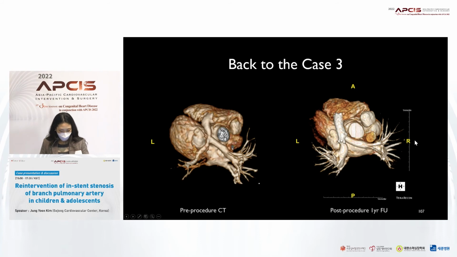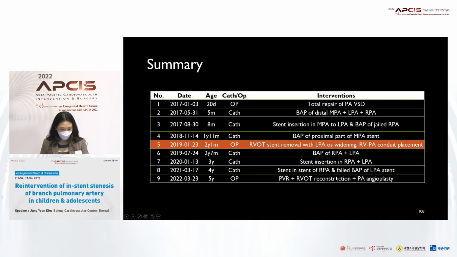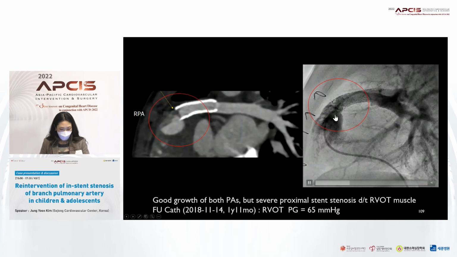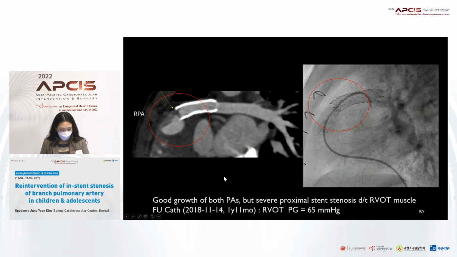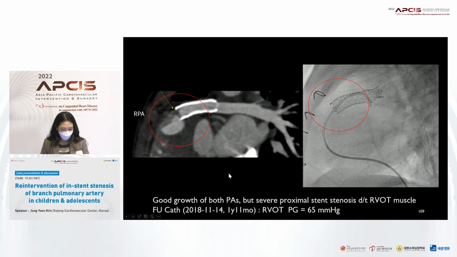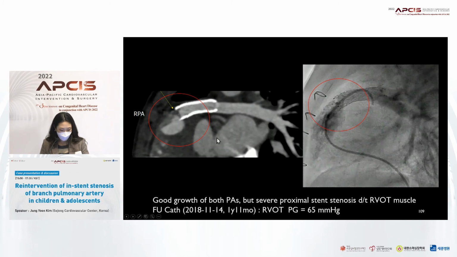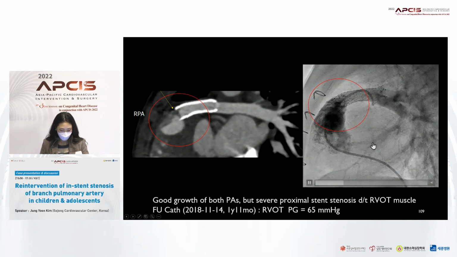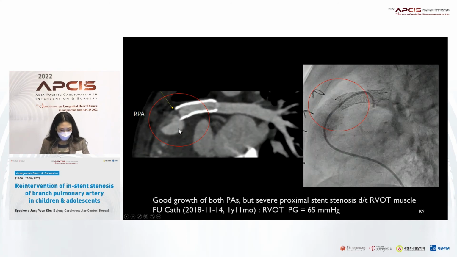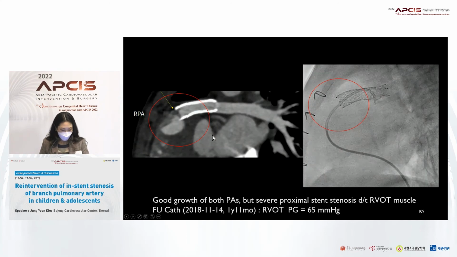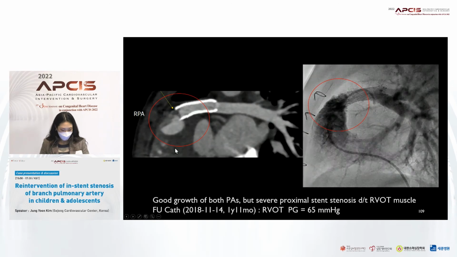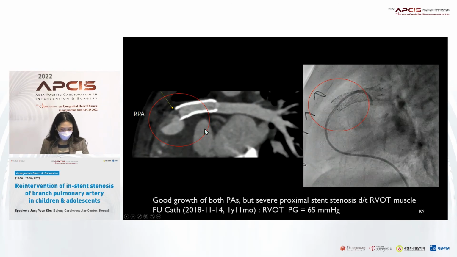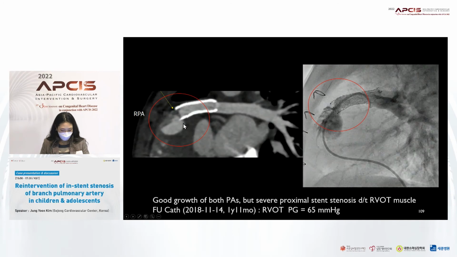So, going back to the K3 case, when the stenosis became severe. As I mentioned, the CT scan follow-up angiogram shows good growth of both PAs, but severe proximal stent stenosis because of RVOT muscle protrusion over the stent.